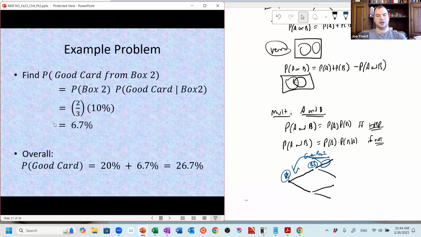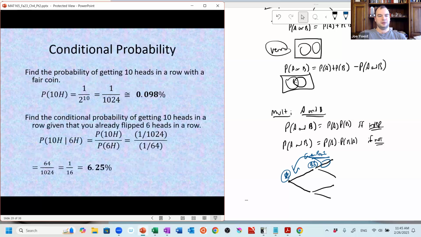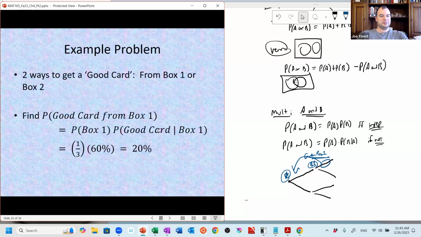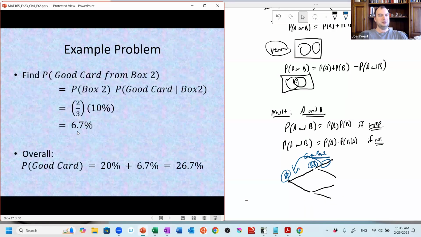Or from the bottom good card, what's the probability I went to box two and got a good card? Oh, wrong way. That's down, up. And again, if I multiply the probabilities along that path, 2/3 times 10%, that gives me about 6.7 percentage points.